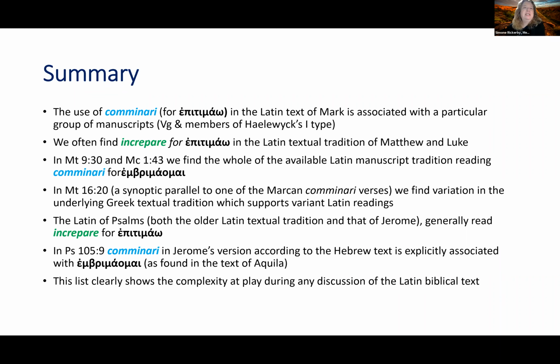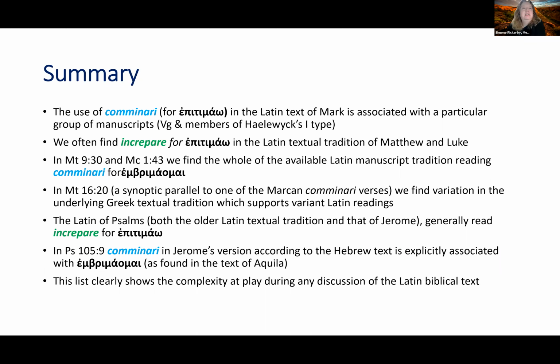In Matthew 9:20 and Mark 1:43, we find the whole of the available Latin manuscript tradition using comminari for embrymalmai. In Matthew 16:20, a parallel passage to Mark 8:30, one of our comminari passages, we note Greek variation, and this variation is actually apparent within the Latin textual tradition.